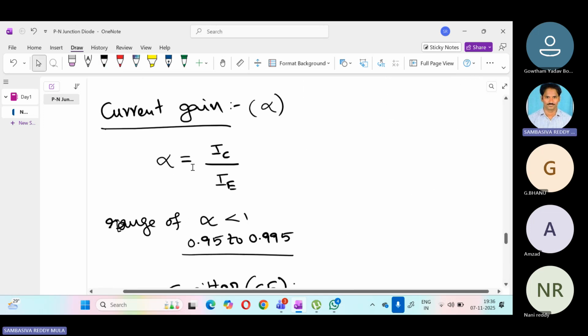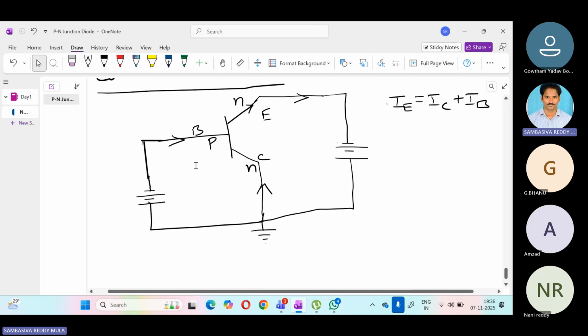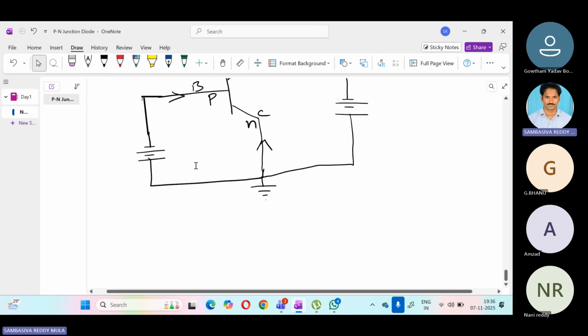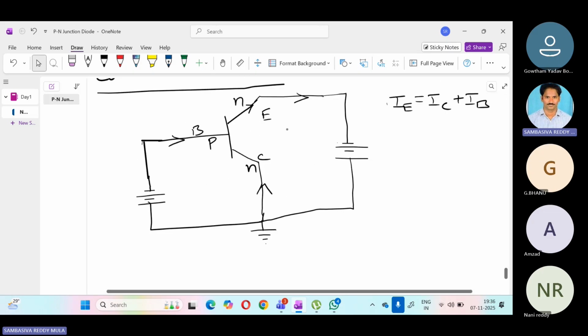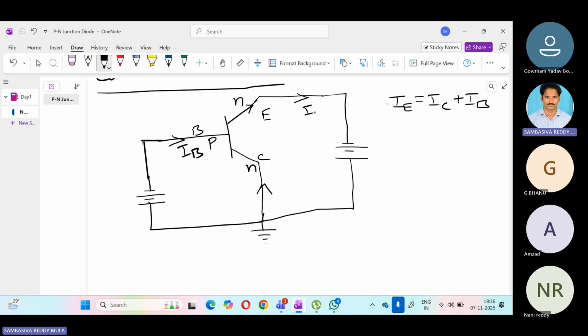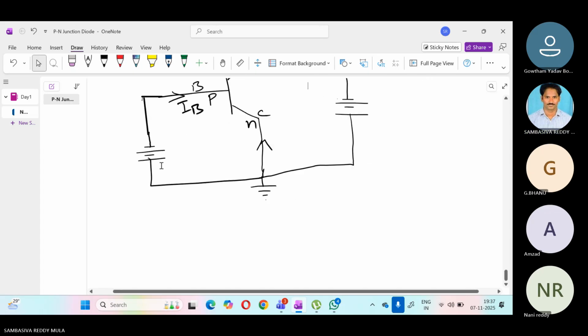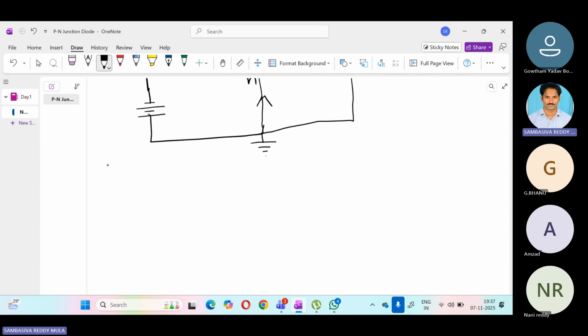So in the common collector configuration, what is the current amplification factor? What is the input current here? IB is the input current. IE is the output current. So collector is common.